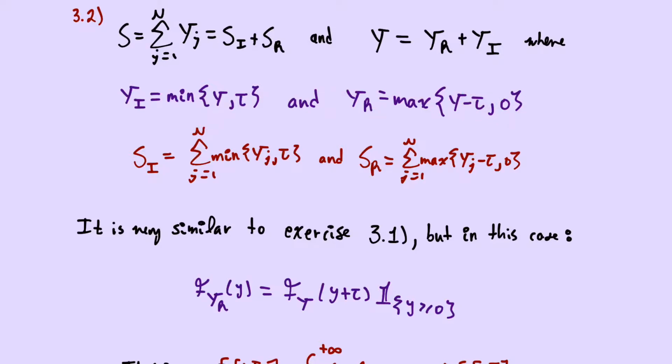Also, it's very similar to exercise 3.1. The difference is that in exercise 3.1 you fix the value tau for the total amount of the reclamations, and in this case, in the excess of loss, you fix the maximum amount that the company will pay for any of the reclamations.